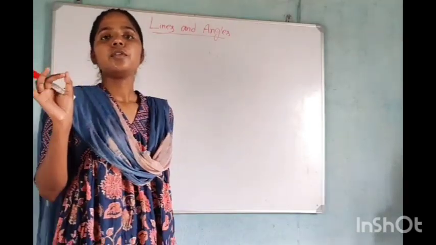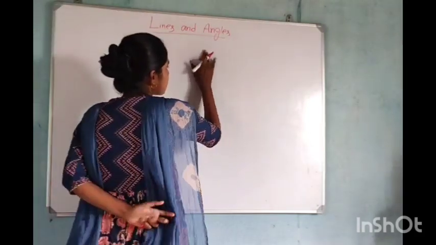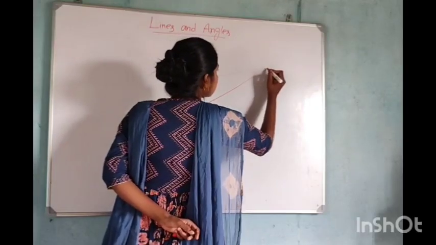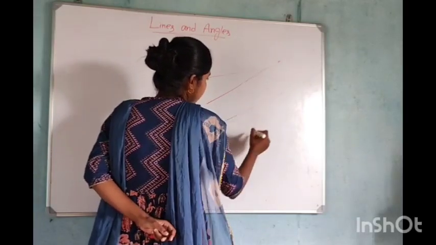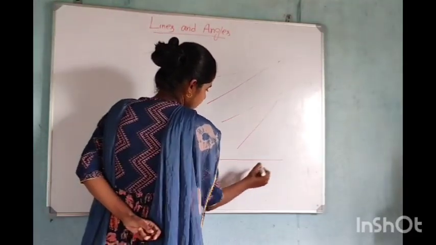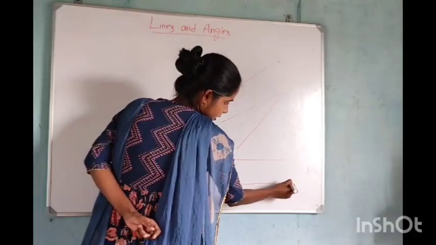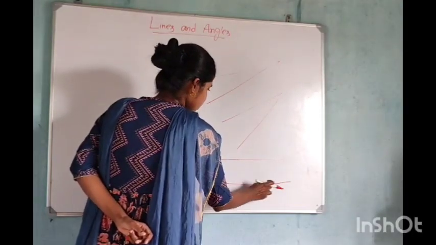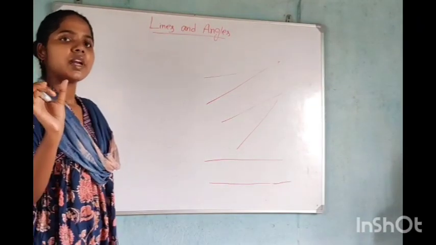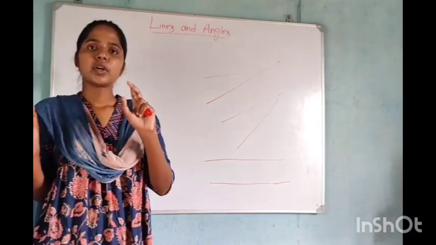So if we draw two lines together, whenever we draw two lines together, it can be like this. It can be like this. Like the railway track. So basically whenever we draw two lines, two cases can happen.